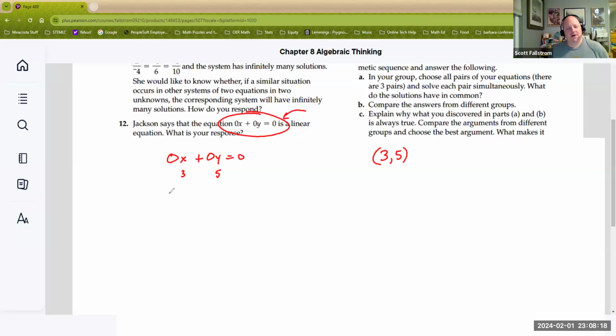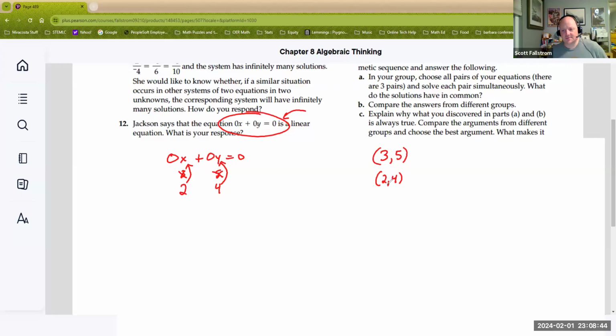Let's do another one. So instead of 3 and 5, let's pick some other points. Why don't we pick 2 and 4? So if I put 2 in for x and 4 in for y, is 0 times x plus 0 times y going to equal 0? And you'd say yes. So 2, 4 is also a solution.